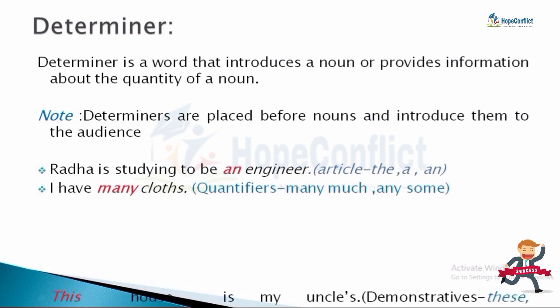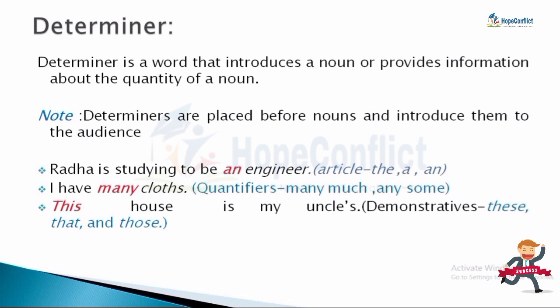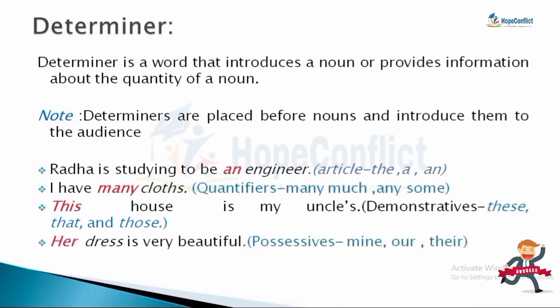In the next example, we have this house is my uncle's. So in this example, this is your determiner. This is a demonstrative determiner. In demonstrative, these, that, and those can be used. Let's see next example. Her dress is very beautiful. It is a type of possessive determiner.